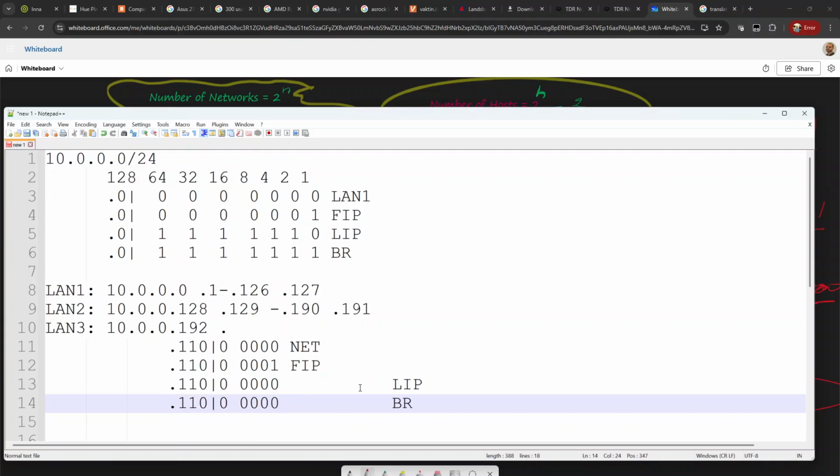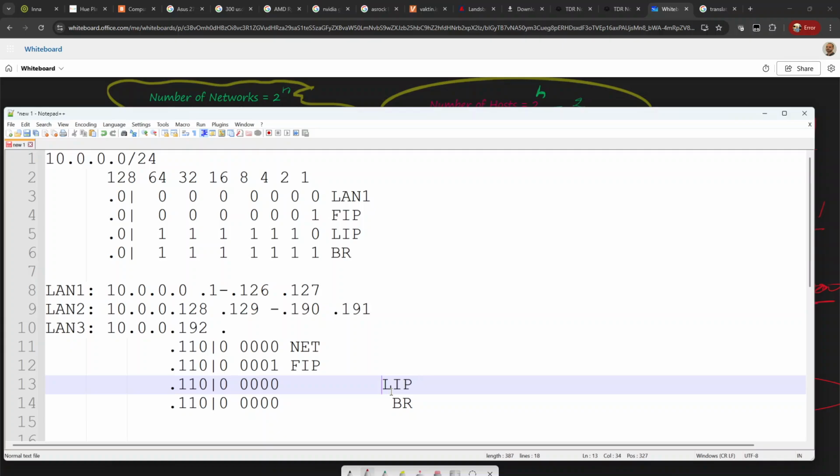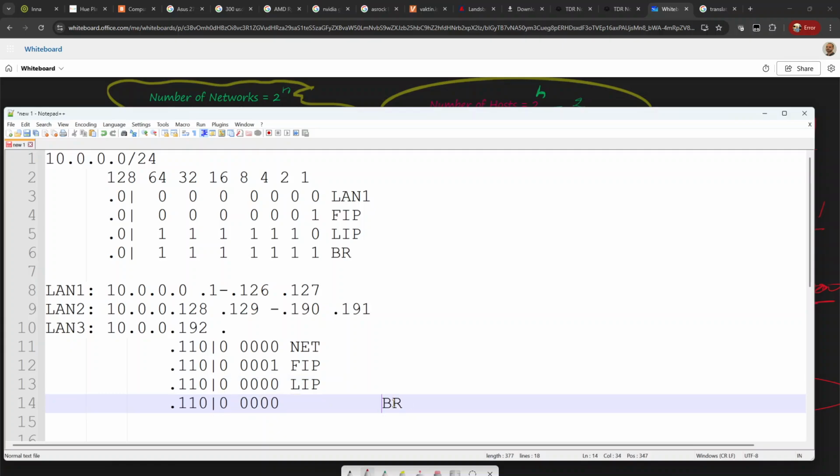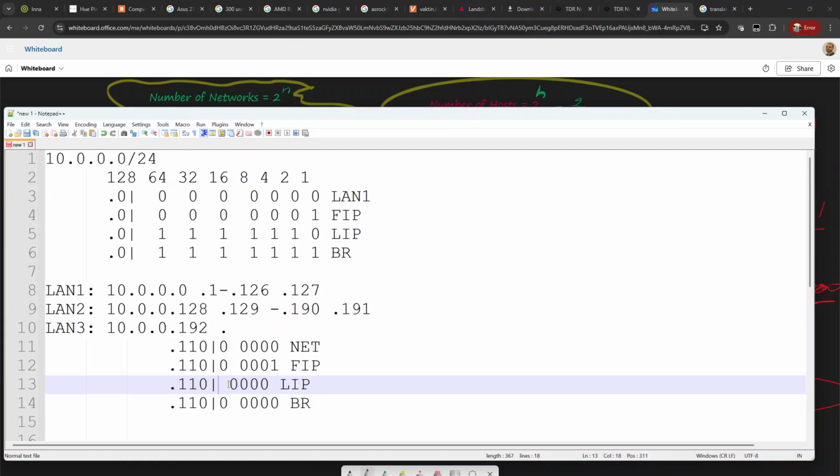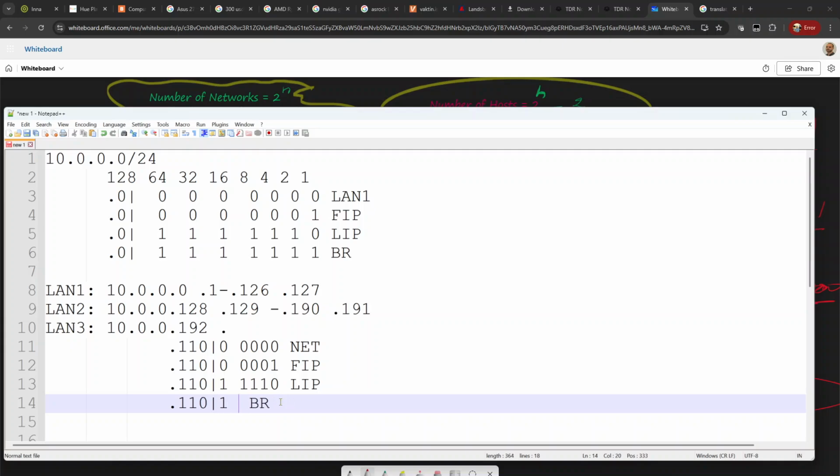So this will give me the last IP, and this will give me the broadcast. I need to turn on all the bits except the last one here, and turn on all the bits right here. Here we go. And then we will get the broadcast.